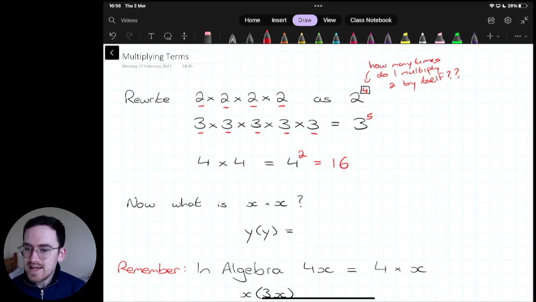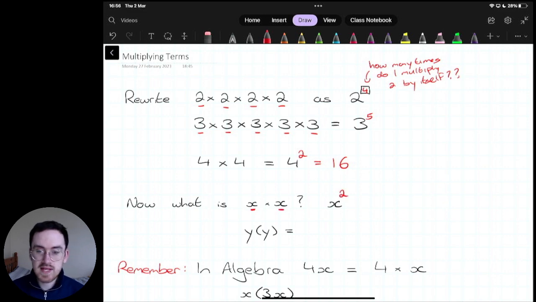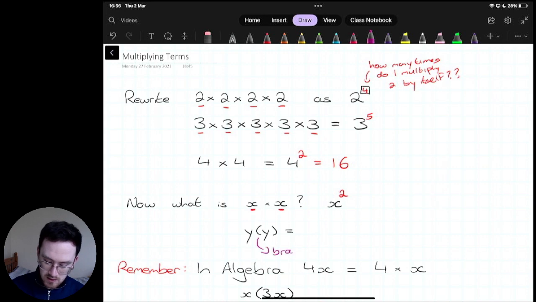If we apply that same idea to our letters, to our variables, if I have x multiplied by x, how many times am I multiplying x by itself? Well, we have 1, 2. So it becomes x squared. Similarly, if I have y multiplied by y, and remember here that brackets mean multiply.